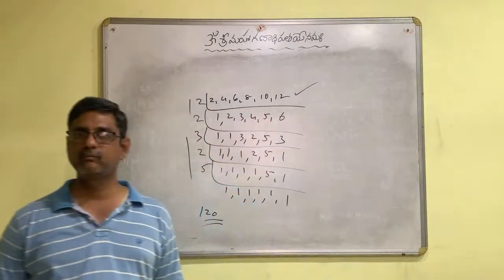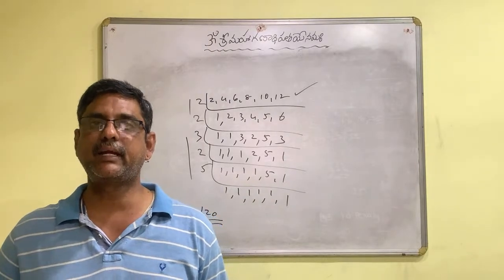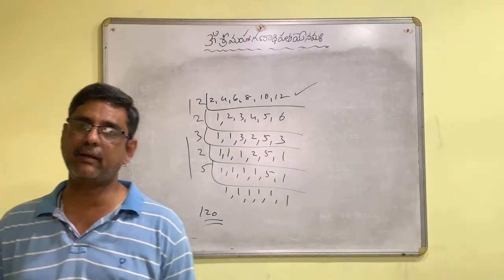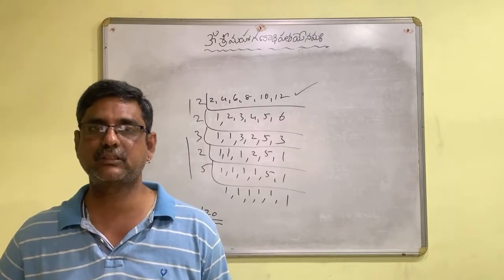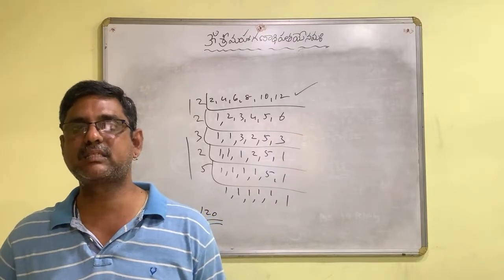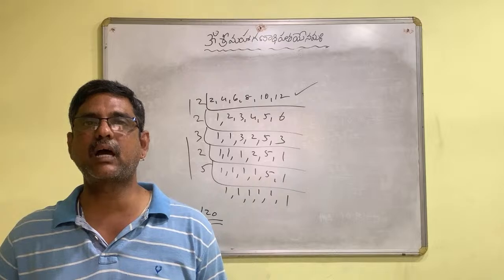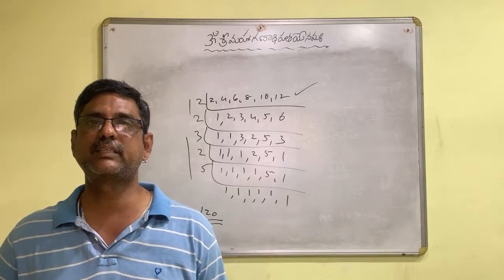Okay, then? 120 minutes is the least common multiple of all those 6 numbers, 2, 4, 6, 8, 10, 12.